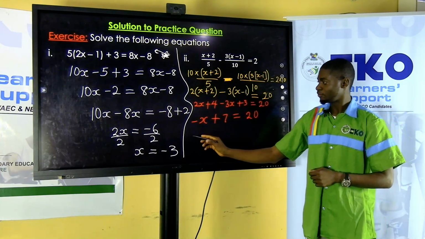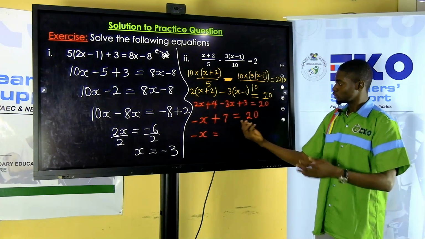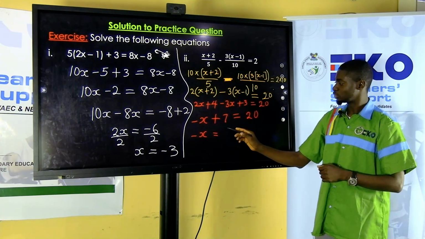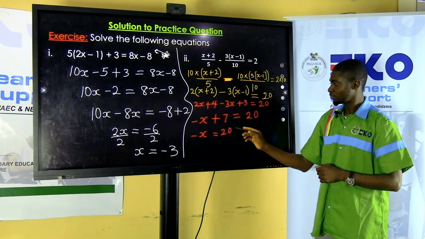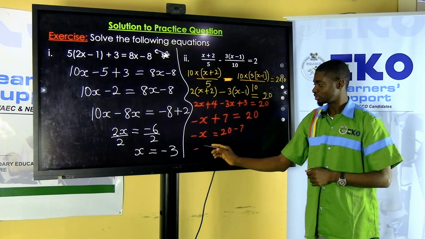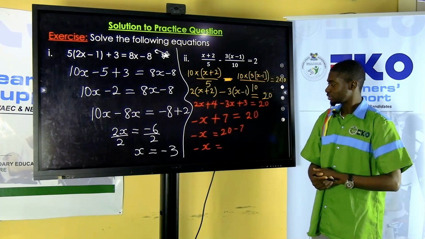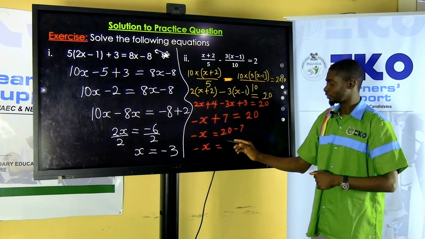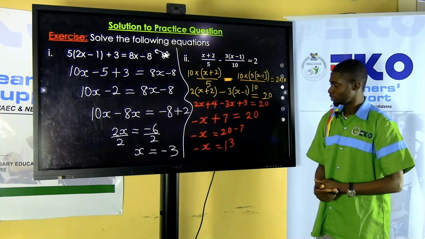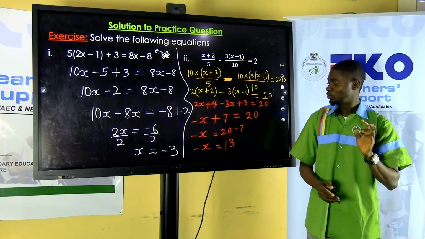Now we have minus x. Let the 7 go to his family member here, which is 20 minus 7. So we are left with minus x equals, subtract 7 from 20, we have 13. Recall, we are not looking for negative x, we are looking for x.